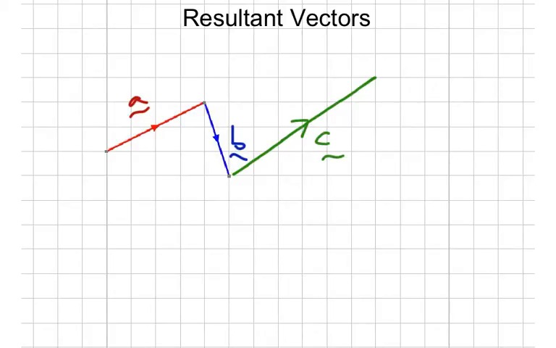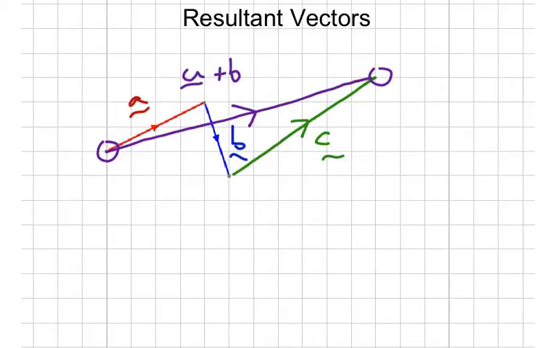And then the resultant would be from the very beginning to the very end. So the resultant in this case would be that vector there, and that one would be called A plus B plus C, all the way from the beginning of A through B and then through C.